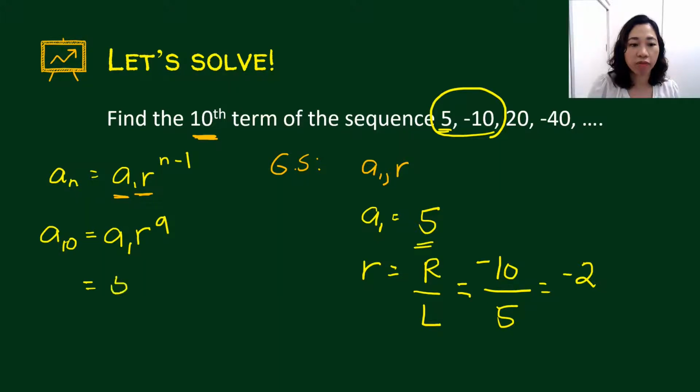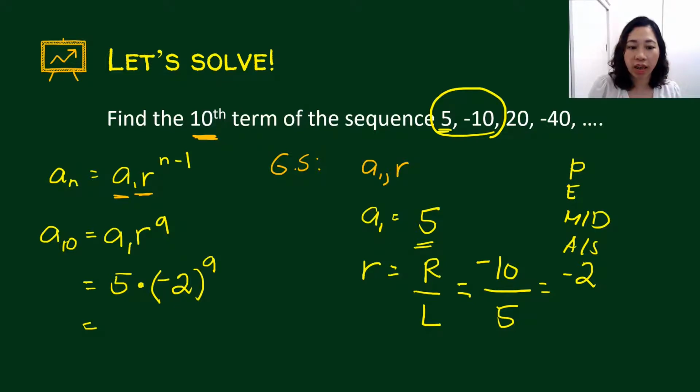So I will now plug that in. a1 is 5 times my r, which is negative 2, raised to 9. And what is that? Take note that we follow PEMDAS here, meaning we start with the exponent. Don't multiply 5 and negative 2 first, because that would be saying that multiplication comes first before exponent.